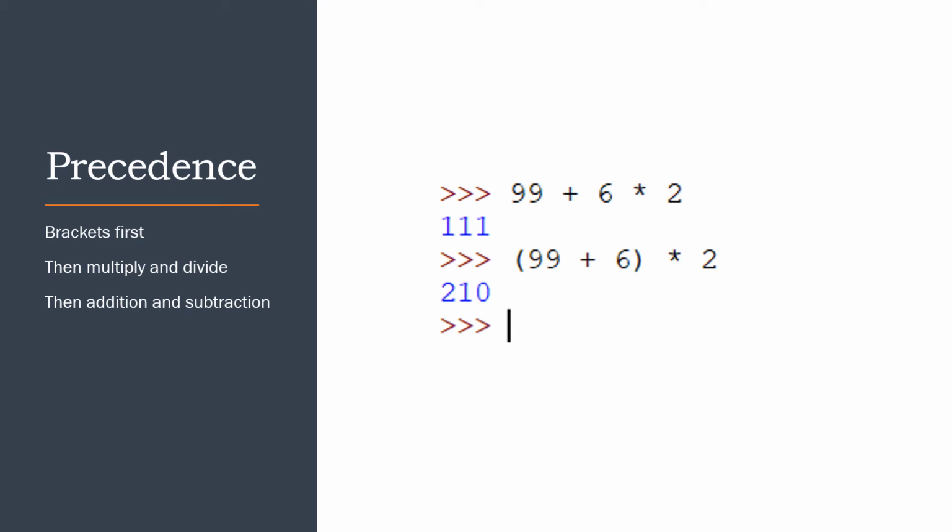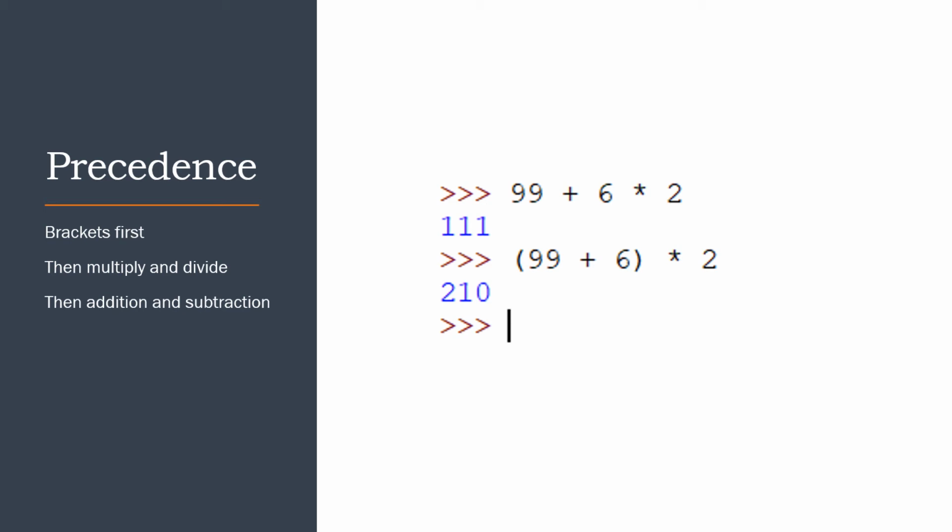In the first example, the sum is 99 plus 6 times 2. Can you tell from precedence which part of this sum the computer will evaluate first? If you said it's 6 times 2, you were right, because multiply has got precedence over addition.